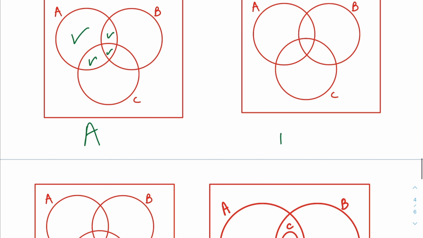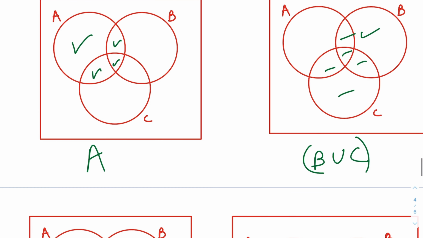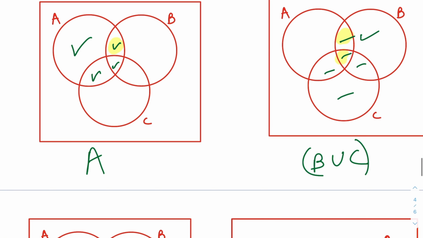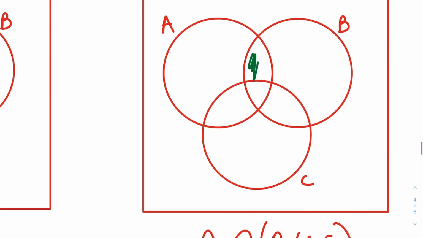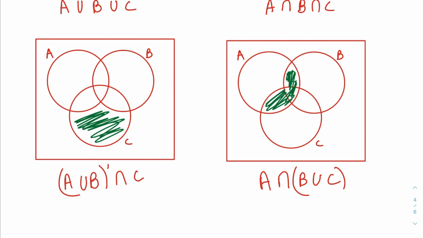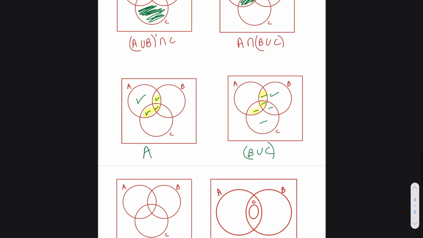And if we draw B union C, it will be everything in B, this, and this. Now, what is common between them? I can see this region, this region, and this region. So the answer is this. And there you have it.